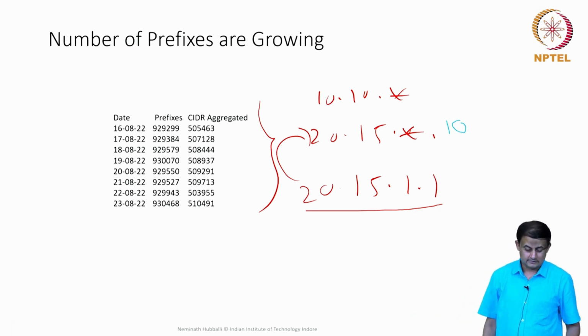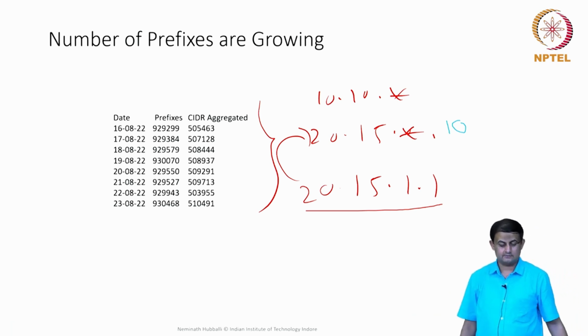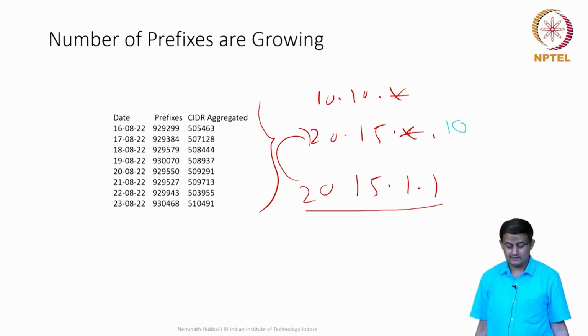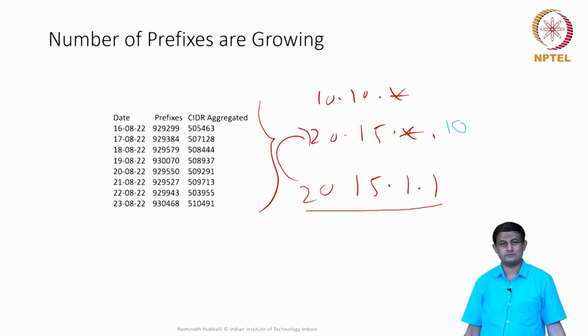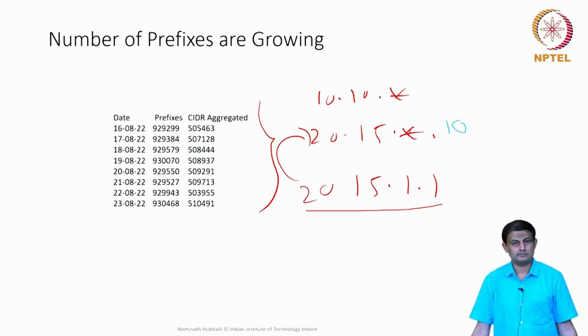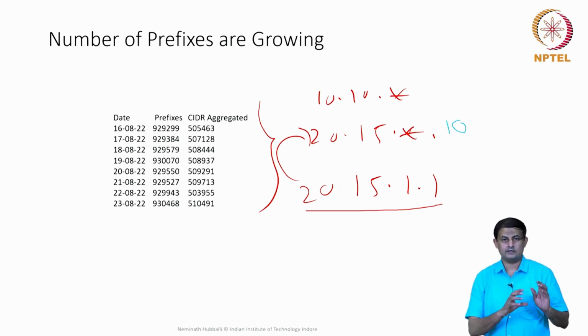And these distinct prefixes are sometimes aggregated to minimize the number of entries in the routing table. On the rightmost column, what you see is the CIDR aggregated. If I am able to merge two prefixes and get one, that will bring down the total number of prefixes inside the routing table.